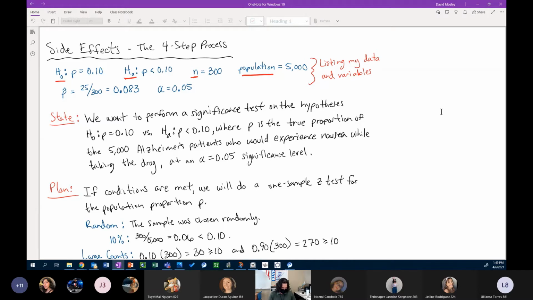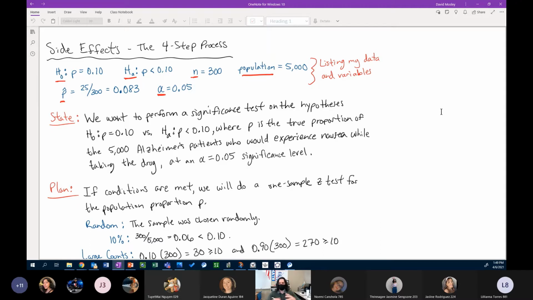The sample proportion, p hat, is 25 out of 300, which is approximately 0.083. It's just a repeating 3 at the end, 0.0833333 forever, so you could keep a couple more of those 3s and be a little more precise. I chose to round to 3 decimal places here. And lastly, we have alpha, our significance level, and we were told to use 0.05, which is fairly common.